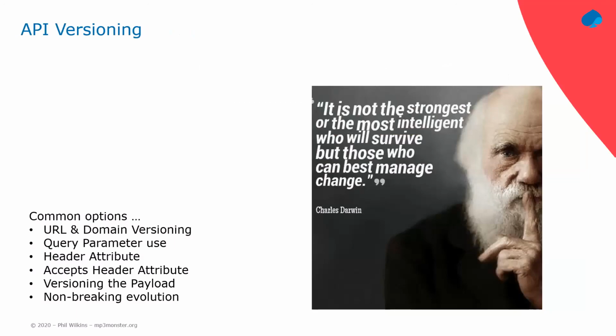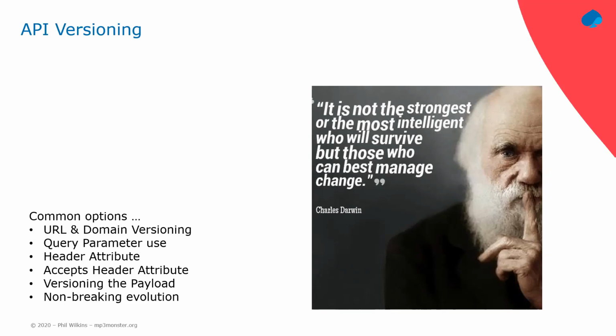One of the things that's interesting, and it's a bit of a challenging debate in some areas, is the use of API versioning. Roy Fielding argued in his original paper that you shouldn't need to do it. But the one constant in life, as the saying goes, is change.